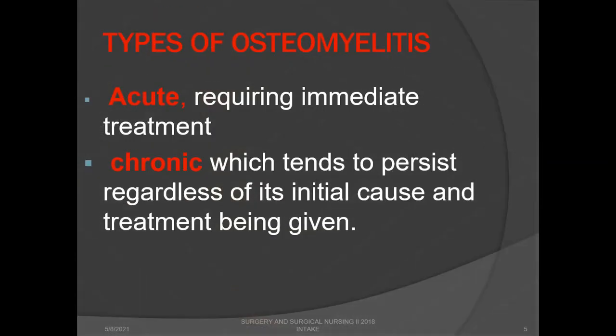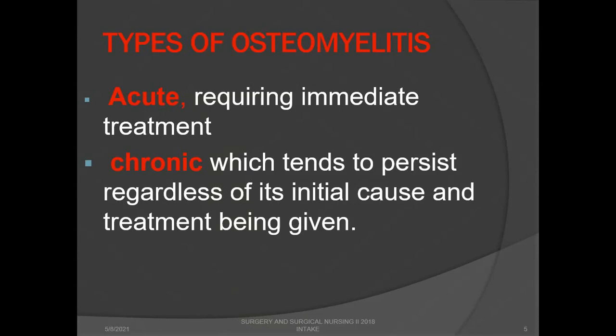Types of osteomyelitis. Osteomyelitis is categorized into two types. We have acute osteomyelitis and chronic osteomyelitis. Acute osteomyelitis requires immediate treatment. Chronic osteomyelitis tends to persist regardless of its initial cause and treatment being given.